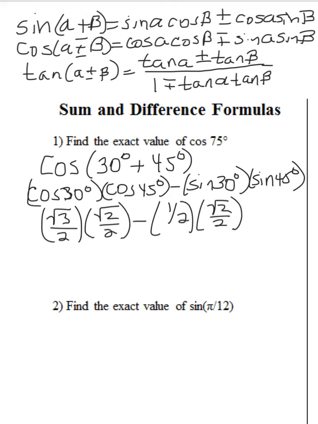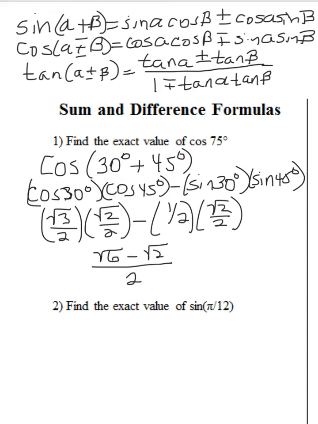The cosine of 30 degrees is root 3 over 2. The cosine of 45 degrees is root 2 over 2, minus the sine of 30 degrees, which is 1/2, times the sine of 45 degrees, which is root 2 over 2. We're going to multiply these together and simplify, and what we get in the end will be our answer.